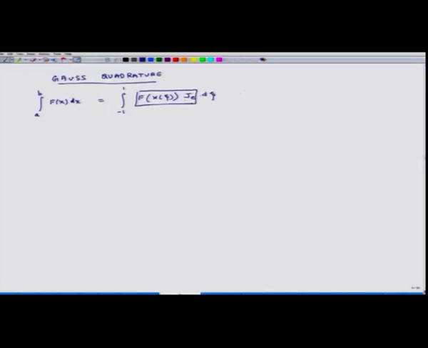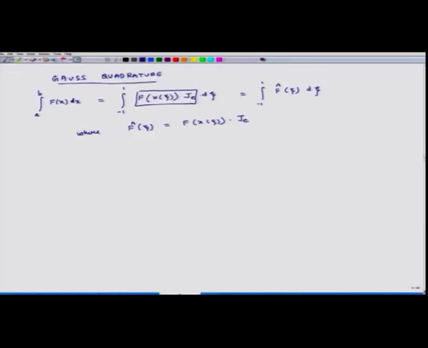This entire thing could be written as another function, f hat, which depends only on zeta, times d zeta, where f hat of zeta equals f of x, which is a function of zeta, times the Jacobian of the eth element.